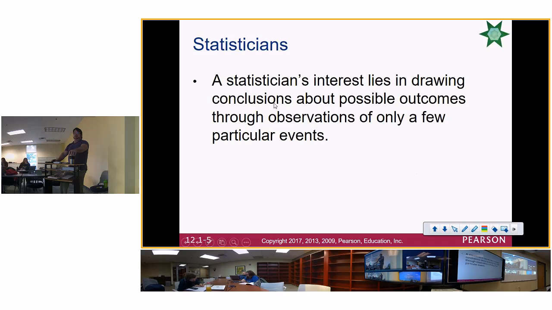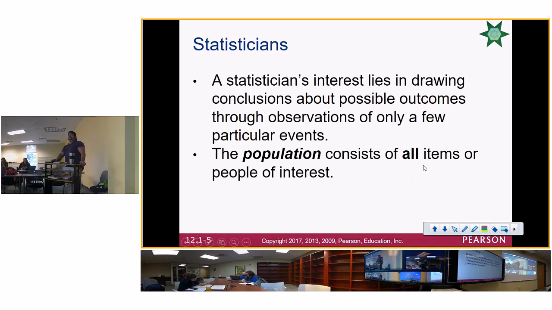Anyway, you'll find that there's people out there, especially psychology teachers, who love statistics. They love talking about statistics. Like I said, a statistician's interest lies in drawing conclusions about possible outcomes through statistics.